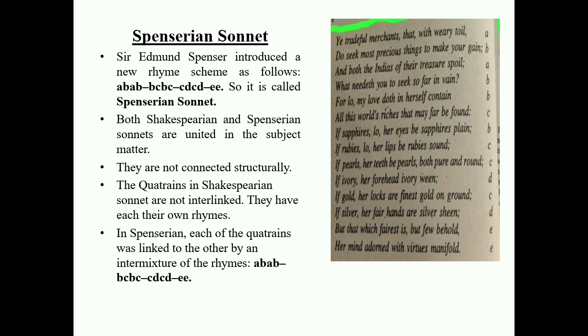Again, the C rhyme is also repeated in the third quatrain, so CD, CD. As usual in the English sonnet, GG is there with the Shakespearean sonnet, but when it comes to the Spenserian sonnet, here E is connected with EE separately. So it is also a couplet. This is the common element you need to remember, right?